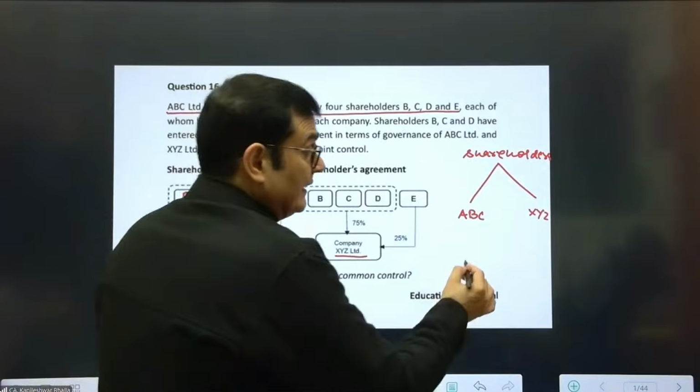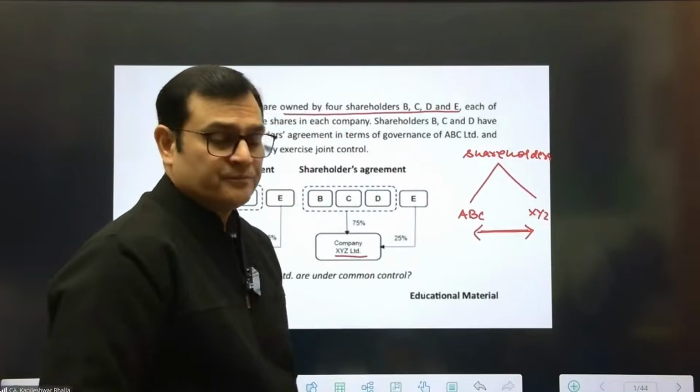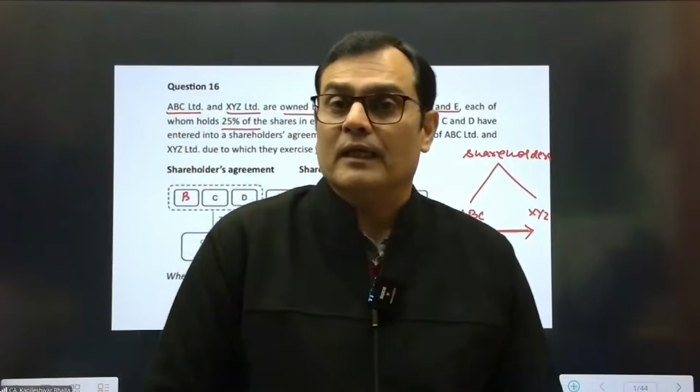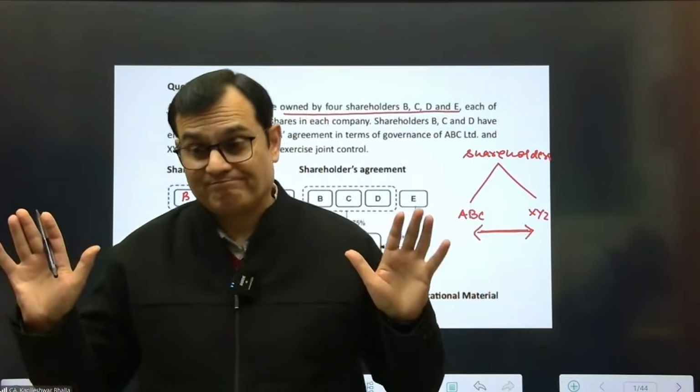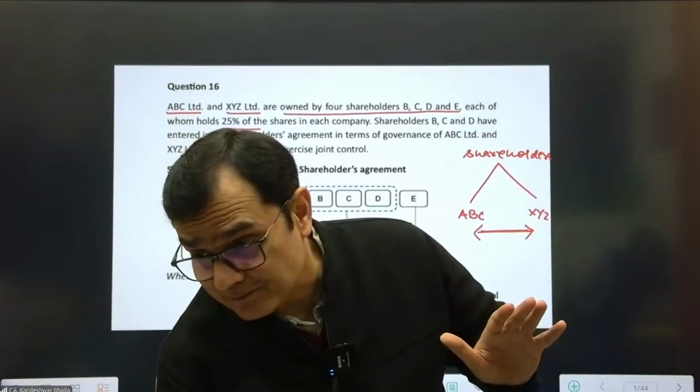So if there is any dealing between these two companies, are they under the common umbrella of the same set of shareholders? Yes. Would it result in a common control transaction? Yes, provided the 3 steps are met. I hope I'm clear, right? I hope I'm very clear on my thoughts on that.